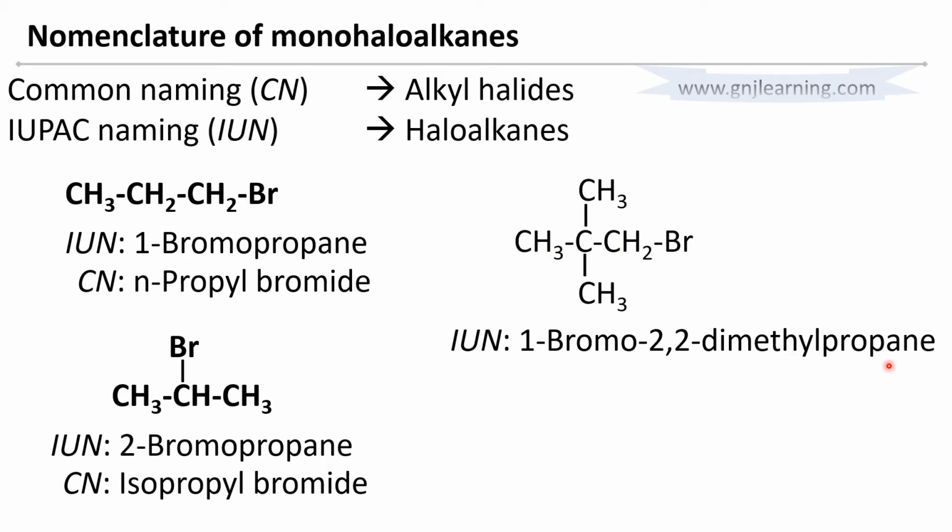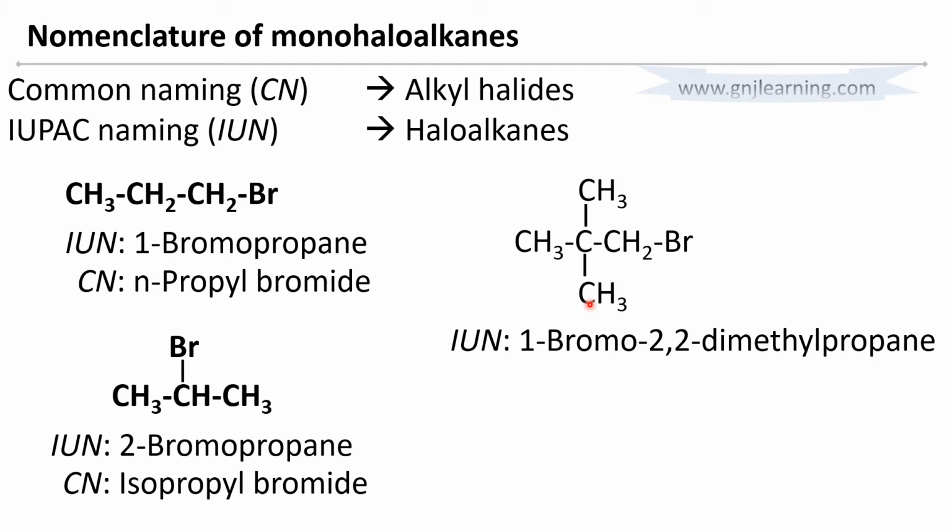Clear? Now in common naming, this as a whole is taken as a branch, and this is the parent. So we have bromide as parent, and this again we have studied when we were looking into special branches. There are 5 carbon atoms, so it is pentane, and it has the shape of neopentane.